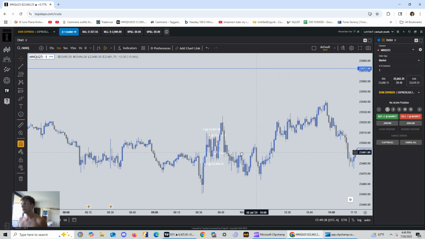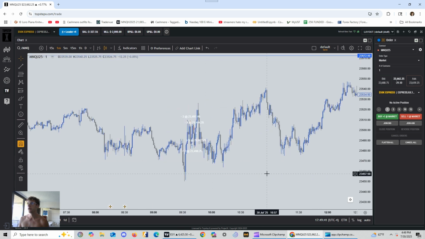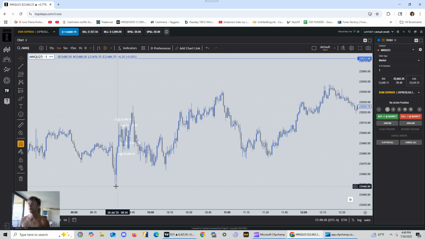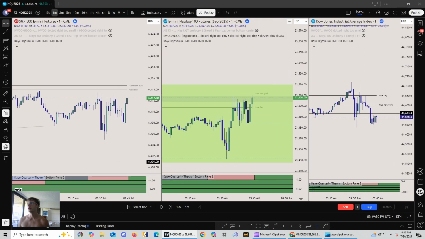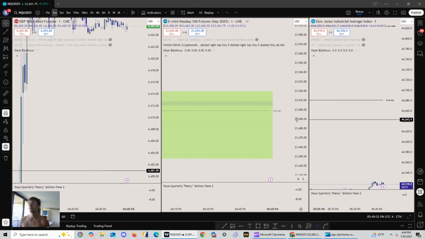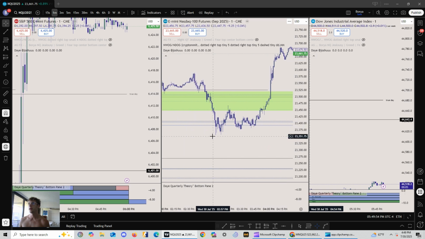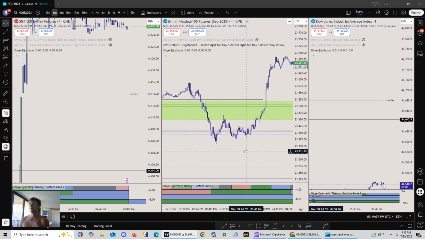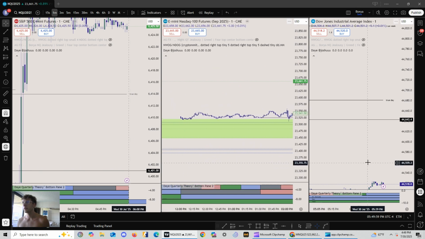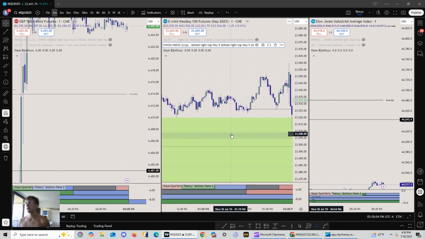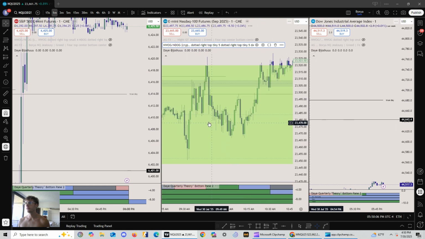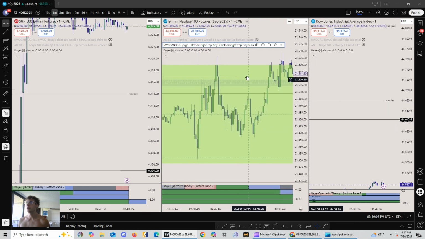After that, it just chopped the rest of the day. It didn't come back to sweep the 9:30 low that was created until we had FOMC. But the buy there isn't really probable.